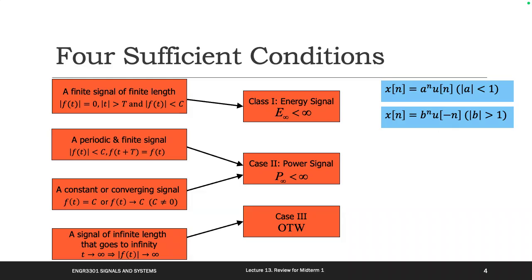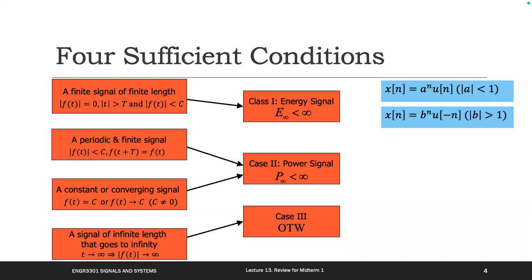For u[n], n greater than or equal to 0, u[n] equals 1, otherwise it will be 0. For u[-n], which means -n greater than or equal to 0, u[-n] will equal 1. If -n is greater than or equal to 0, n should be smaller than or equal to 0.